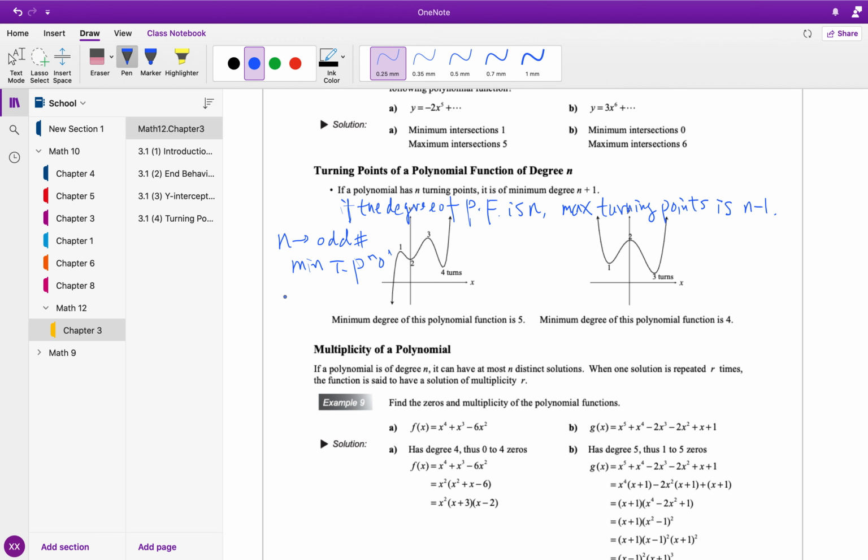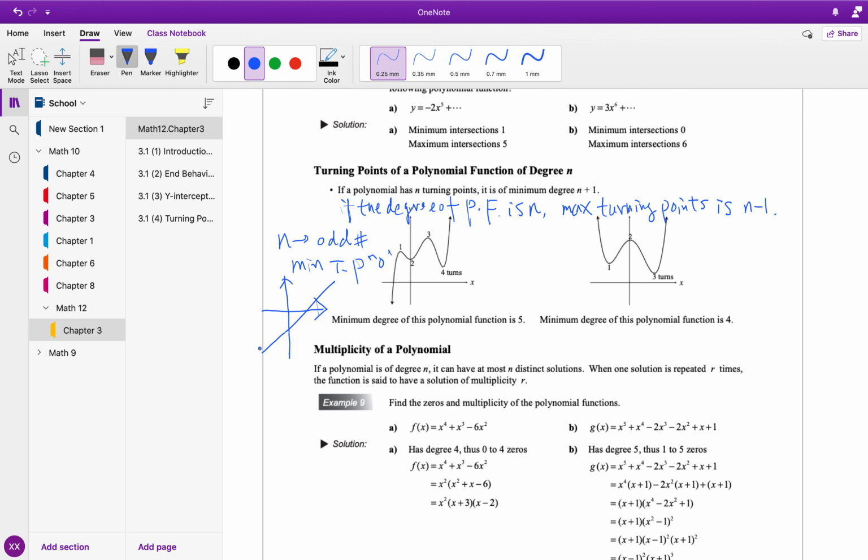Because think about a linear function, the lowest degree of our polynomials. There is no turning term. The degree is 1, so it just goes across.